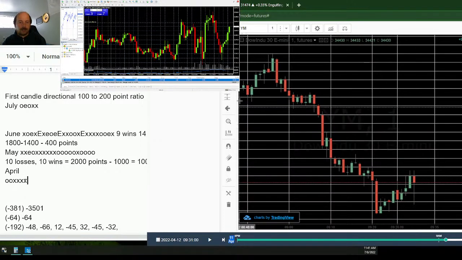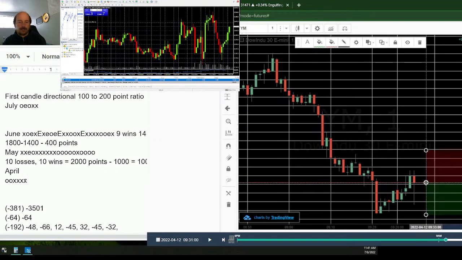Okay, it's a red candle. I'll take a short position. This is the opening candle.